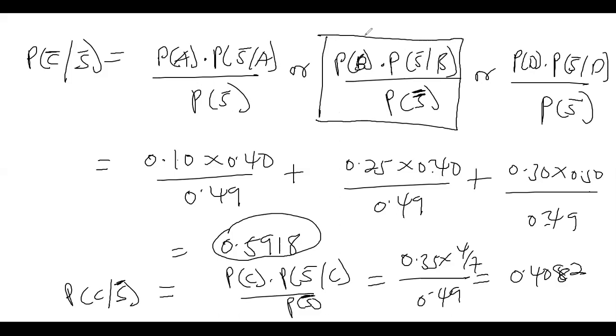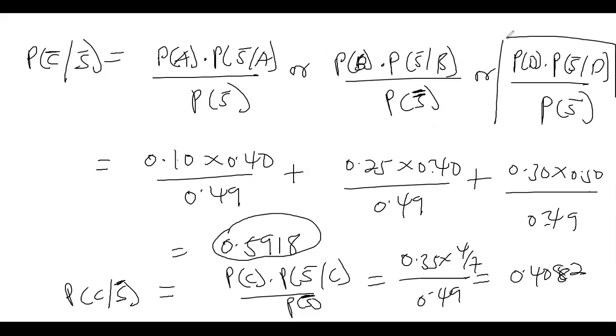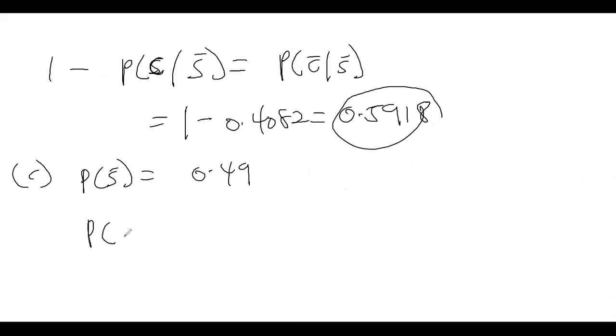Oh, sorry. Essentially, the answer will be this one here. Okay, so here we have the probability that it is a 2-star based on the fact that it has not improved.